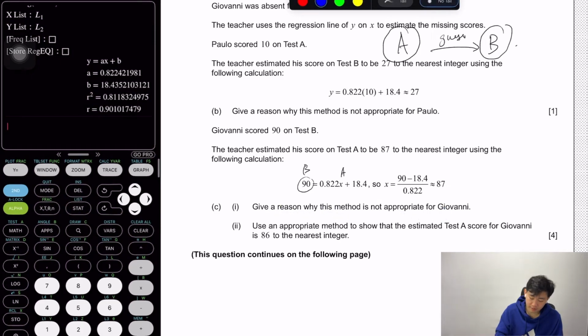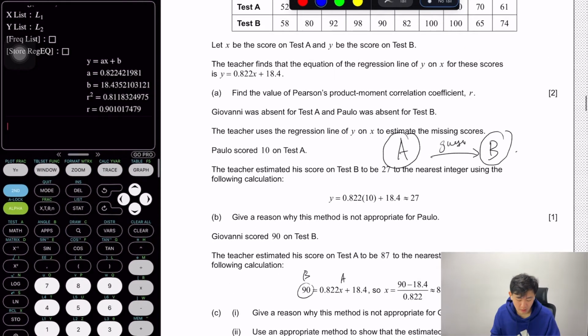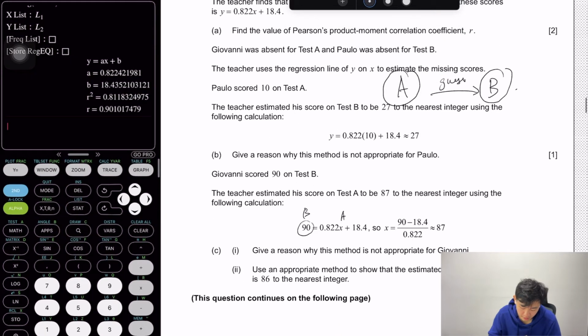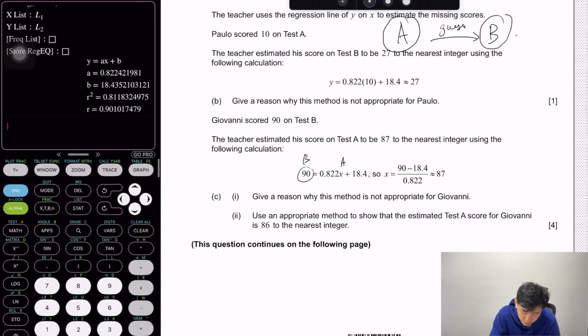Okay, so again, do you recall the things that we were doing? That's why we say something is an independent variable, something is a dependent variable. Which one is the independent? We are using the independent A to figure out the dependent B, right? So if you are using the A to find the B, we are happy.